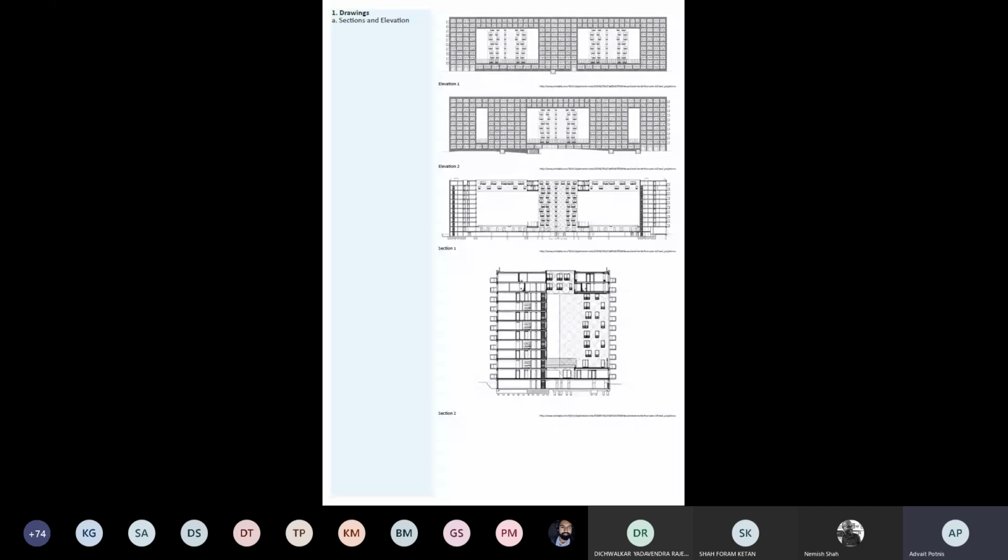And these drawings you should draw. You don't need to draw everything. Let's say section, elevation, you have to draw the most important thing so that we understand the project. We can talk about it later, but I don't know for the old projects whether you have the drawings or not.